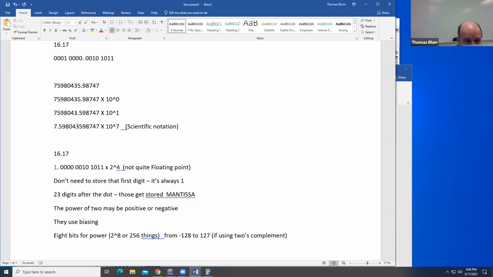And when we call it bias, bias means add 127 before storing. So I have some negative power of 2. I'm going to add 127 to it. And that's going to give me a positive number. And that positive number is what I'm going to store.